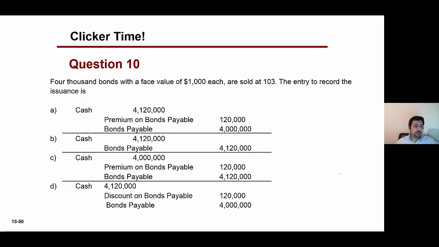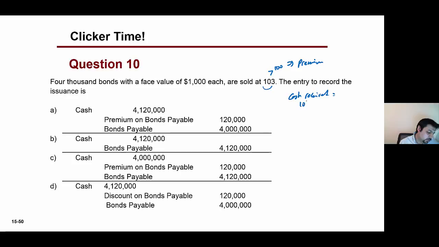The company has issued bonds, so they are selling bonds at 103, which, because it is greater than 100, would be a premium. We know that it is a premium. Here, the company will receive cash equal to 103.